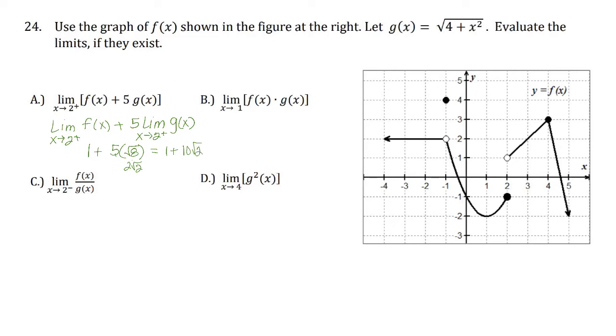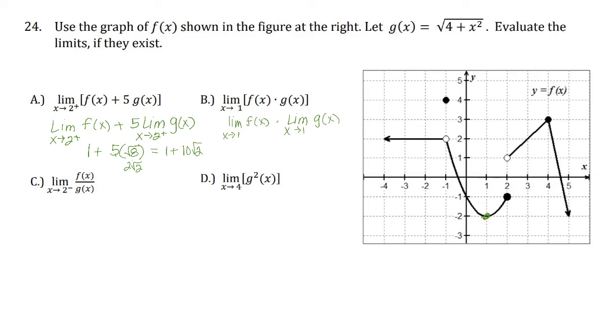Alright, so let's look at B. So I need to find the product of these two limits. So the limit as x approaches 1 of f of x times the limit as x approaches 1 of g of x. And let's see, the limit as x approaches 1 of f of x, again tracing in from both the left and the right sides, we're going to be here.